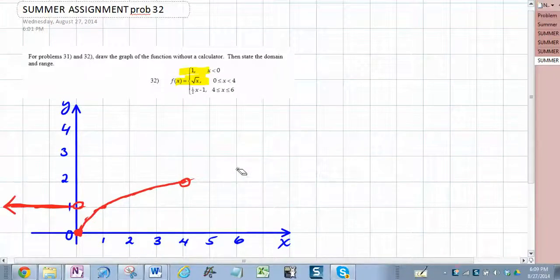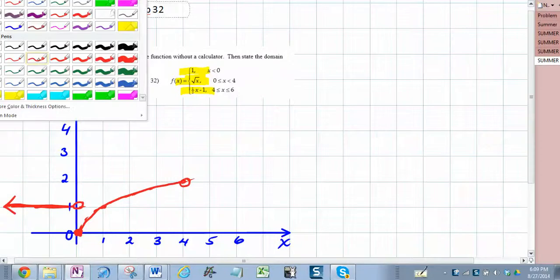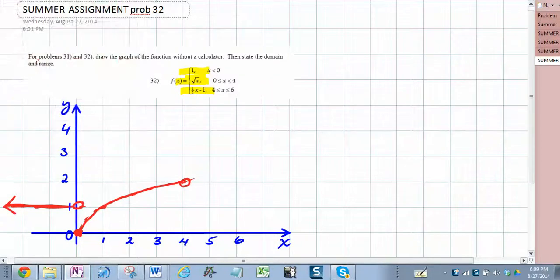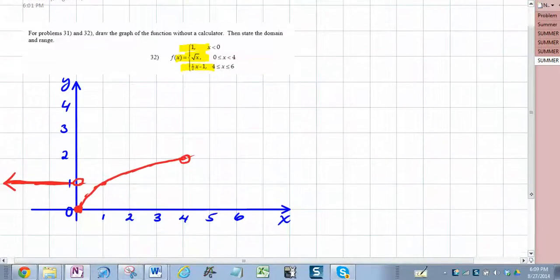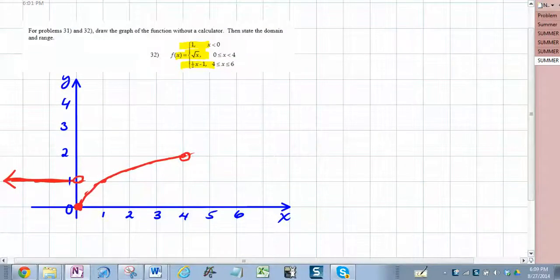The last graph I need to do is the graph of a half x minus 1. There it is. Okay, that's going to be a straight line with a y-intercept of -1. So here's a y-intercept of -1.